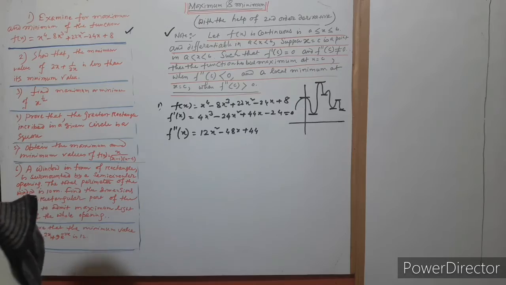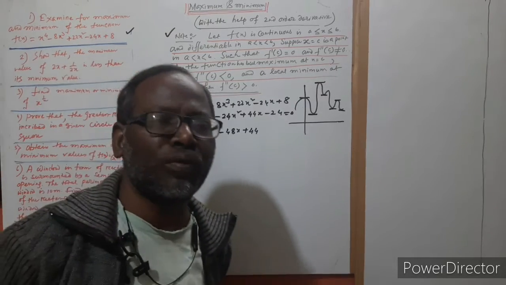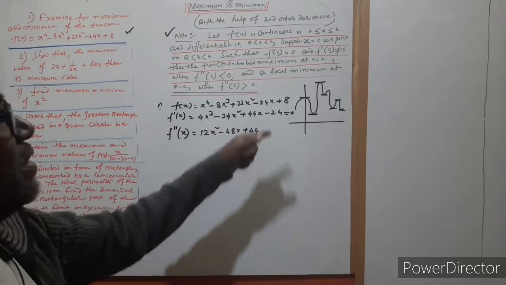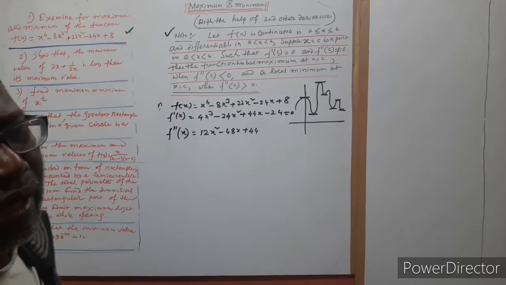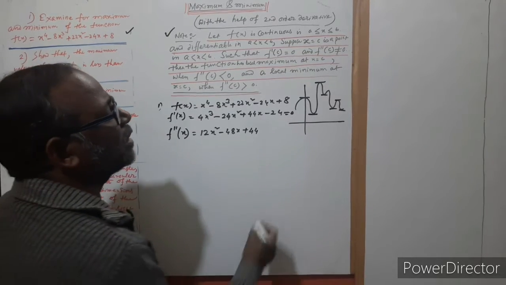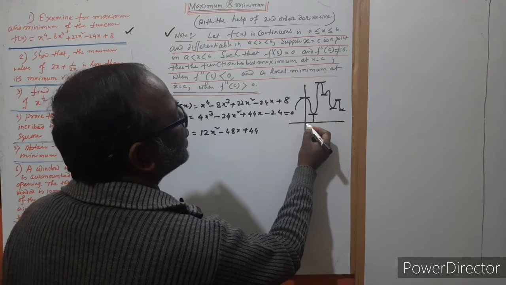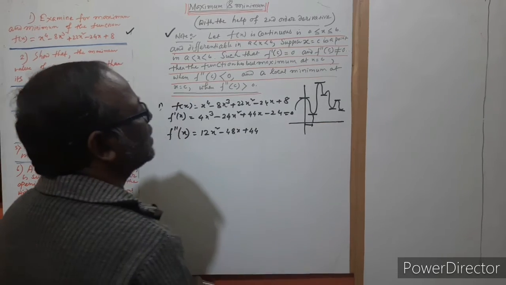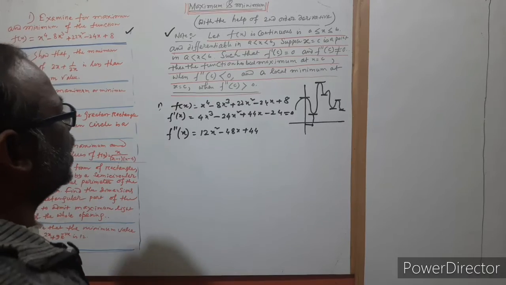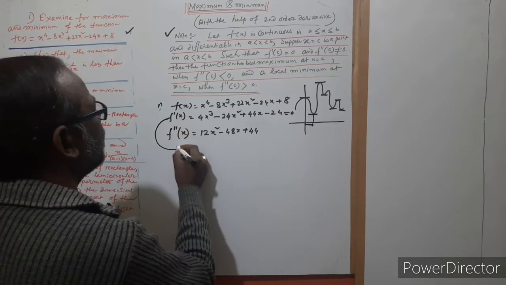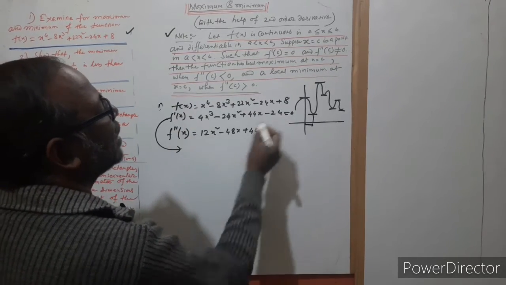Any line parallel to the x-axis has dy by dx equal to 0, meaning the slope is 0. So that's why we find this. Take a point O here, and then we easily get the height of this, and this is your point f of x here.